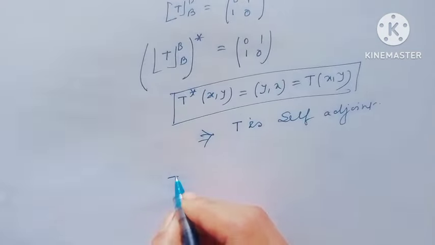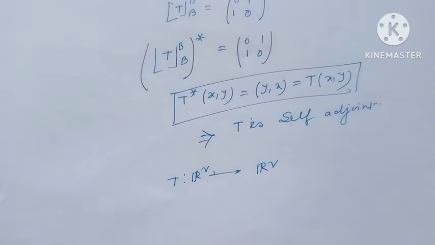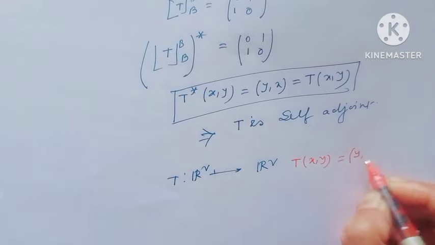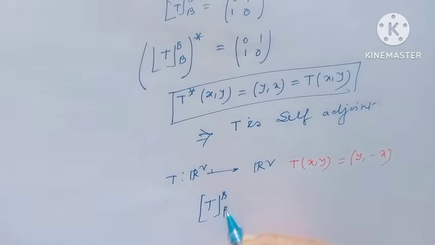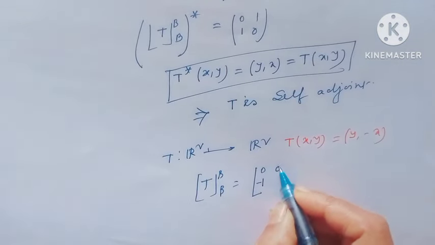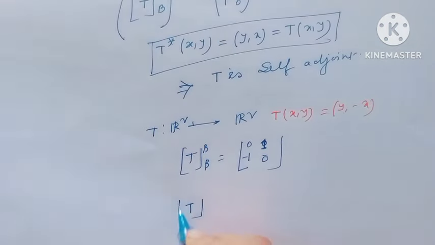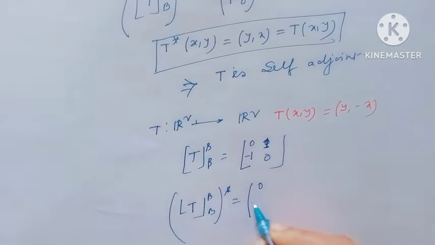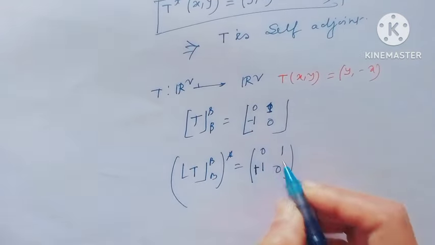Second, a similar type of example: T from R2 to R2 such that T(x,y) equals (y, minus x). With respect to the standard basis, the matrix representation is [[0,1],[-1,0]]. Obviously, T star with respect to the standard basis is [[0,-1],[1,0]].